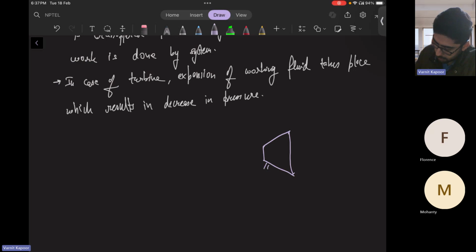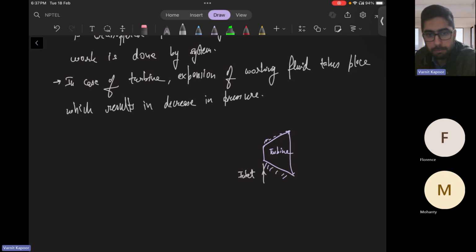This is your insulator. So this is your turbine. This is your inlet. In the power plant subject, you will be dealing with more details of the formation of the turbine, the blades, and so on. And this is your outlet.